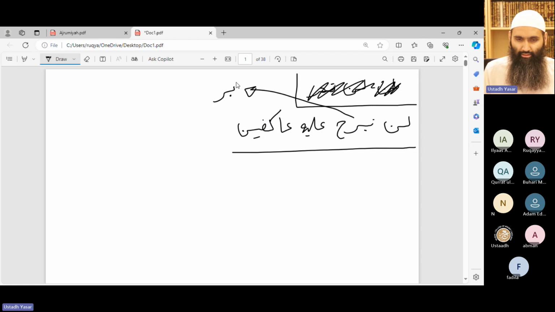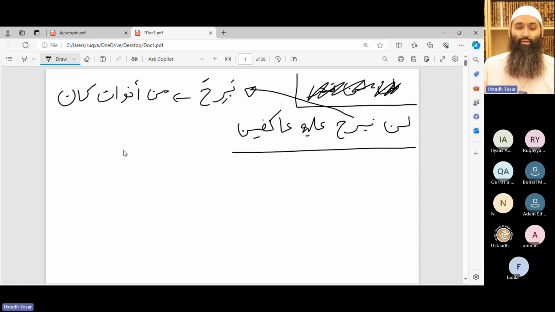First thing I want to tell you something about this verb here. The fi'l madi is bariha. And this is from min. We will look at these later in more detail. But just to let you know that this fi'l bariha, it is from the akhawatu kana.